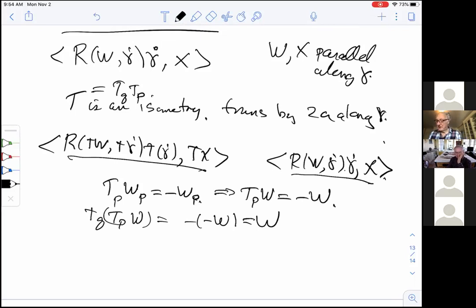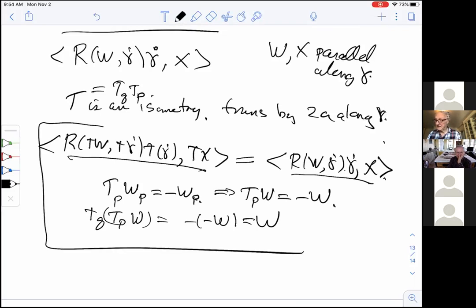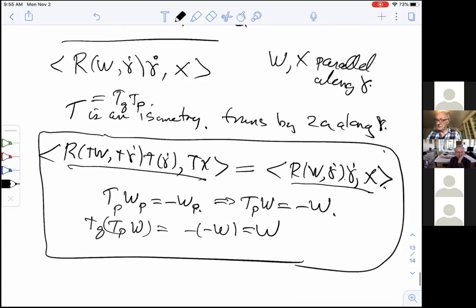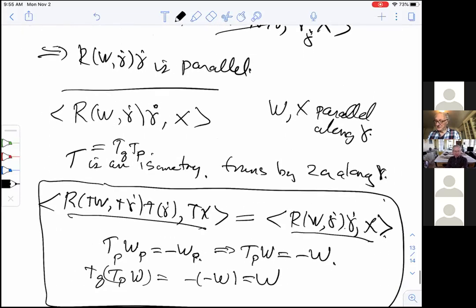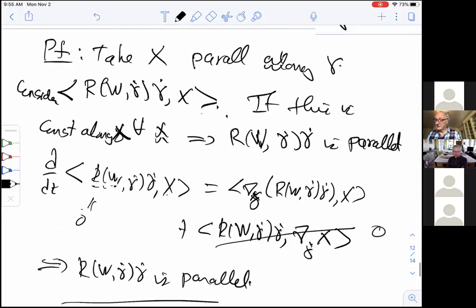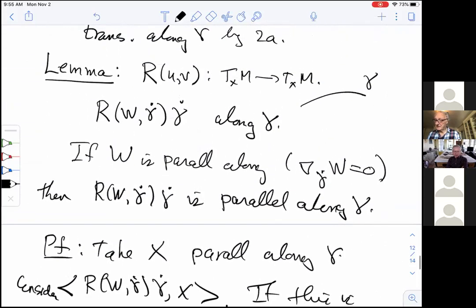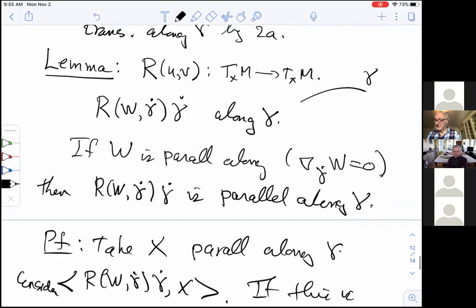But what I do is I use the fact that T fixes all these parallel vector fields, and therefore, I'm sorry, I'm going to start here next time. So I'll start here with the computation of what this expression, which is the one that comes into the Jacobi equation, looks like in a symmetric space next time. I'm sorry, I just got lost in this argument. So I'll start with this lemma again.